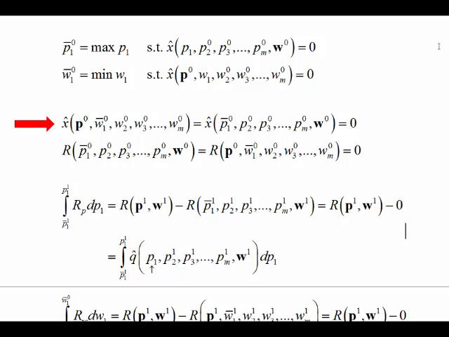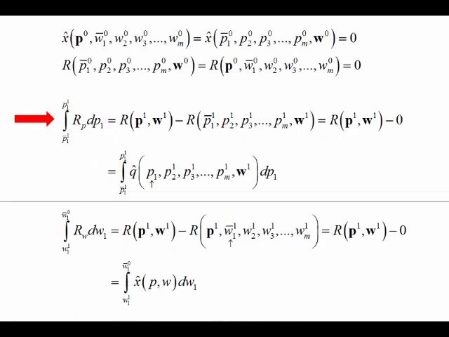So using the integral presentation of the change in quasi-rents that we showed above, we're now going to use a definite integral from the shutdown price P upper bar 1 to any particular price P1, and that's simply equal to the expression on the right-hand side, the second term of which is equal to 0.